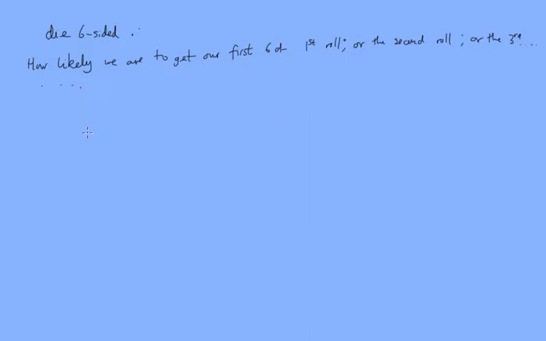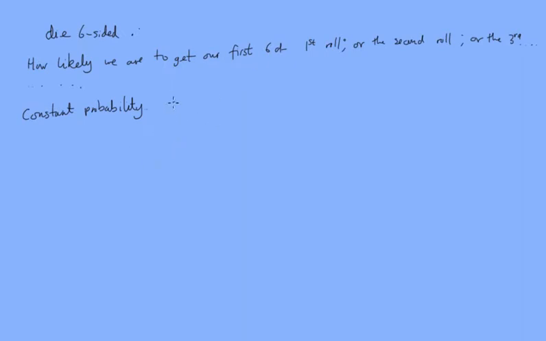We're going to answer these questions with a constant probability. In the case of a dice, the probability of rolling a 6 is 1 in 6, and that never changes.